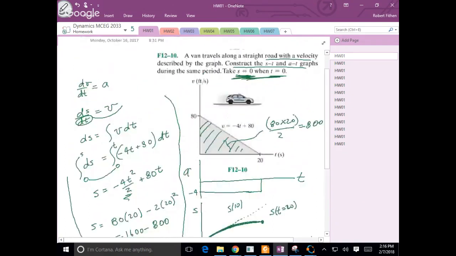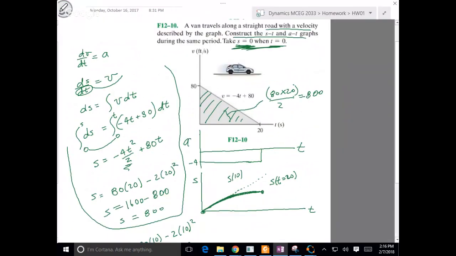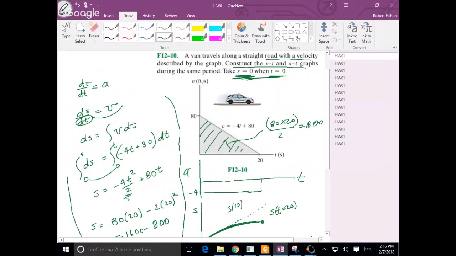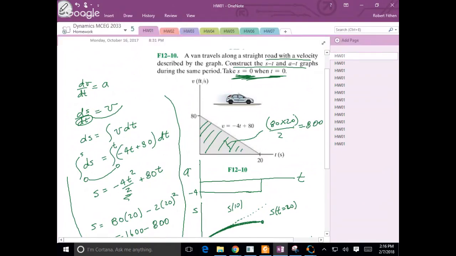Or if you don't even want to integrate it, what you do is come back and look at the area from here back. The area from here back would be 80 plus 0, and I'm taking the average of the height here. The average of the height should be 40.